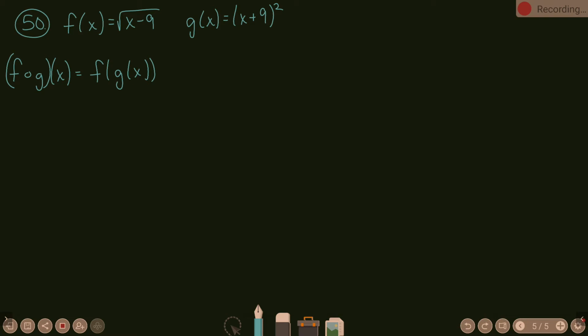So this is going to be f of, what is g? x plus 9 squared. Okay? So that is going to be our new input here.